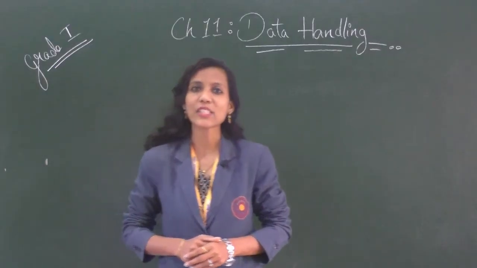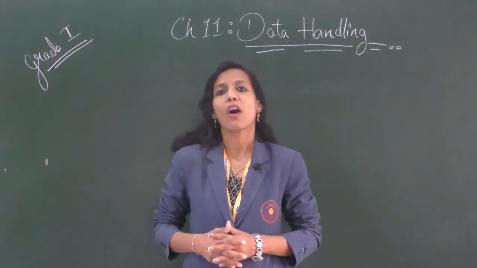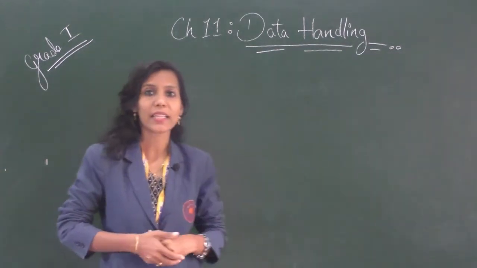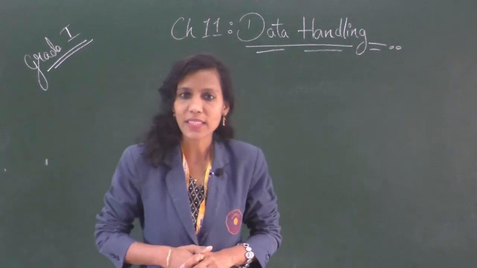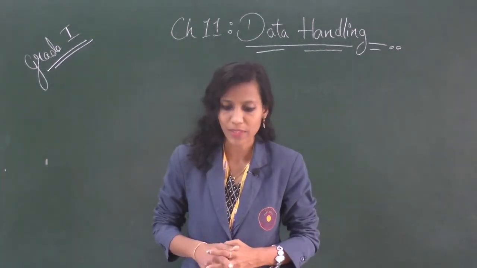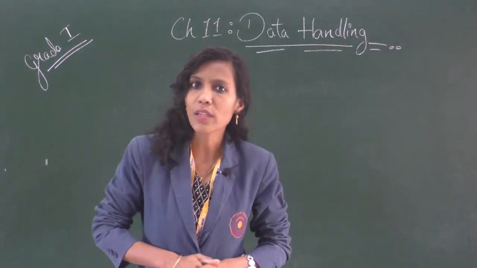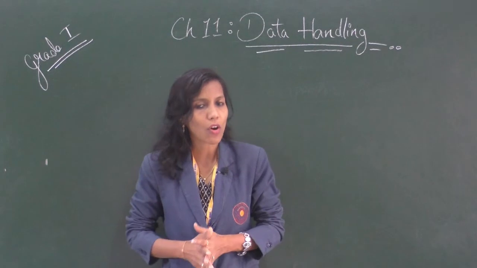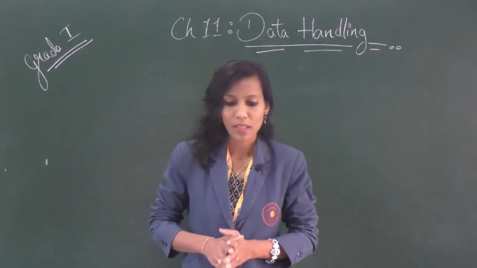So my dear students, we have come to an end of this chapter, that is chapter 11, data handling. Before we wind up, I would like you to take down the activity related to this chapter. Here you all have understood how important it is for us to organize things.